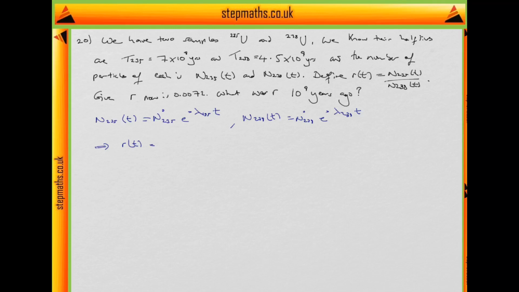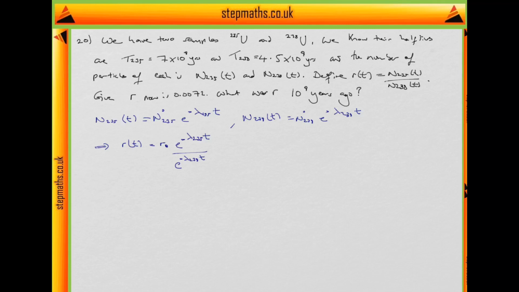Well then this tells us that r of t, the ratio at time t, is equal to, well, let's define r0 to be the ratio of n235 naught to n238 naught. So r0 times e to the minus lambda 235 t over e to the minus lambda 238 t. We're told that at present day r is equal to 0.0072, so that is letting t equal 10 to the 9, because we're letting t0 be 10 to the 9 years ago, today corresponds to 10 to the 9.